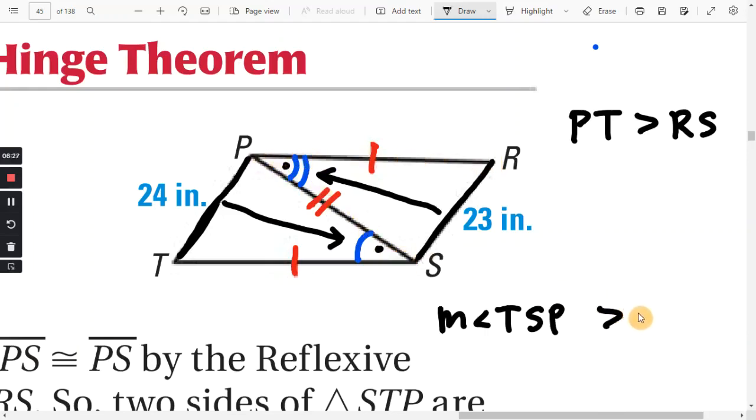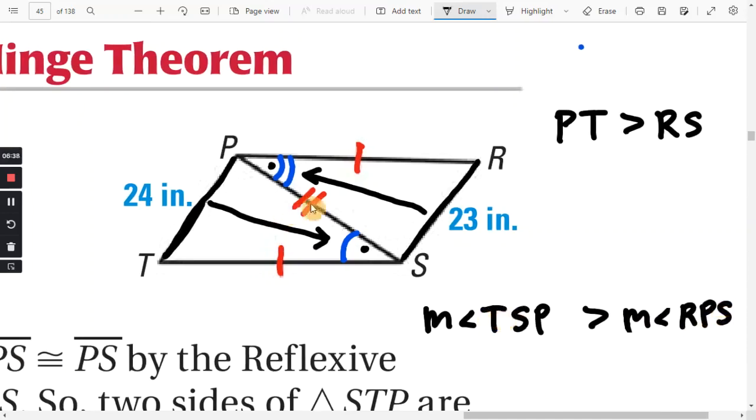Okay, the measure of angle RPS. All right, so that's it. Since we had the two sides that match, we looked at the third side length. The longer side had the bigger angle.